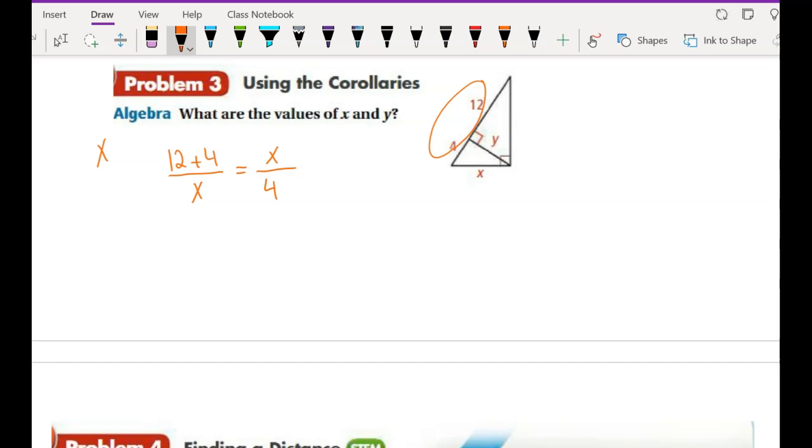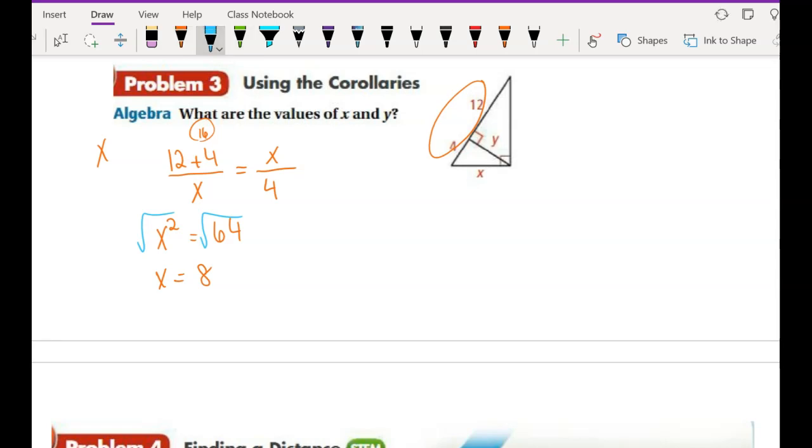So now I'm going to cross multiply. So I'm going to get x squared. See, 12 plus 4 is 16, and 16 times 4 is 64. I'm going to take the square root of both of these. So x is equal to 8.